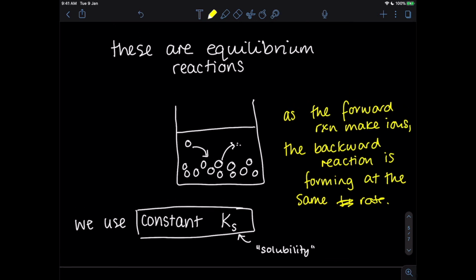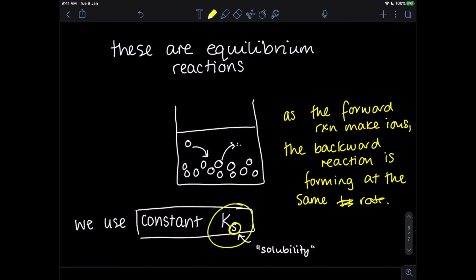Because it's an equilibrium reaction, we therefore must have a way to write an equilibrium expression, and we'd have equilibrium constant K. So the equilibrium constant for all kinds of different types of equilibrium reaction is always going to be the letter K, capital K. However, we can have a little letter, like here, this S, which stands for solubility.